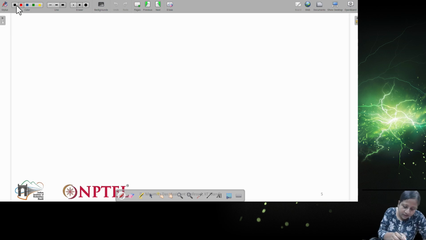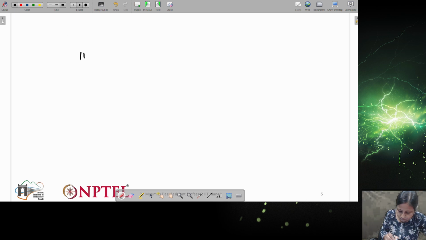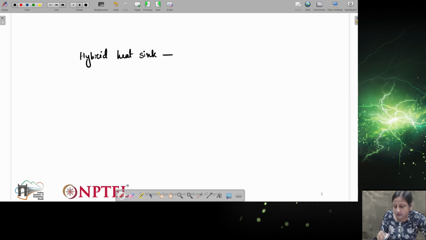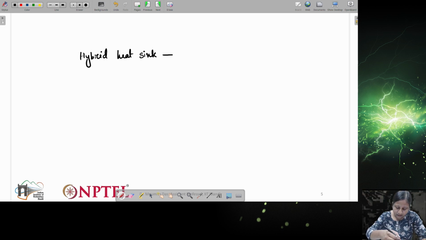Another thing is the hybrid type of heatsink. Here we have a combination of both active and passive. Active heatsink means only the active component will be there, and passive heatsink means only the passive component will be there.